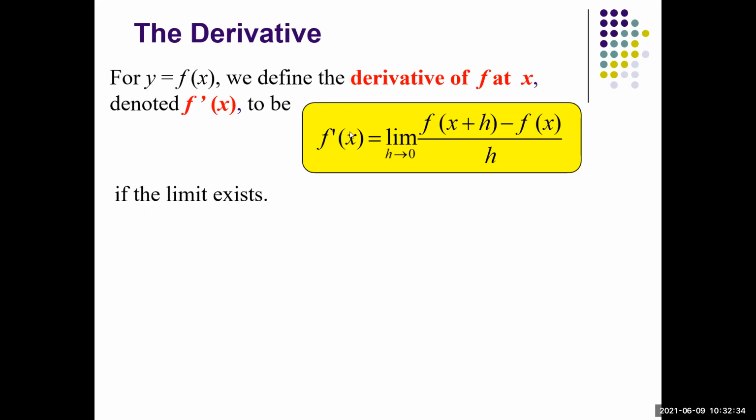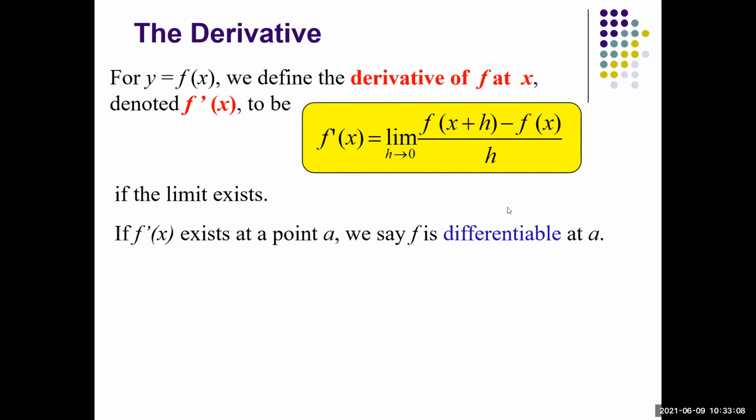So that's kind of an apostrophe. f prime of x will be the limit of, you see that's the same, but I changed that to an x. So that will basically turn that into a function rather than a value. Okay. So if the limit exists, this is called the derivative of the function. So every time you are asked to find the derivative of the function, that's what you would do. Okay, take the limit of the difference quotient.